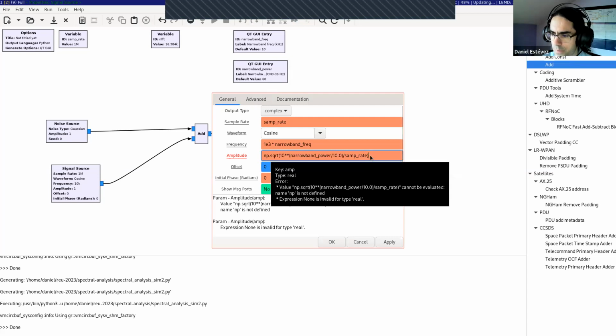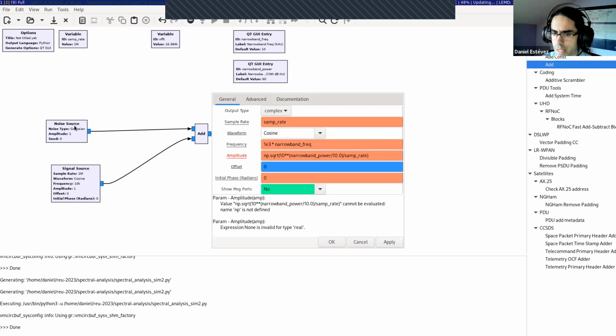What happens is that the amplitude 1 also corresponds to power 1, because the square root of 1 is 1. That is the main reason why I decided here to normalize the amplitude to 1. So the power 1 corresponds to the noise power across all the sampling rate, across all 1 megahertz. So if we want to calculate how much noise power is in 1 hertz of bandwidth, we need to divide 1 by the sample rate.